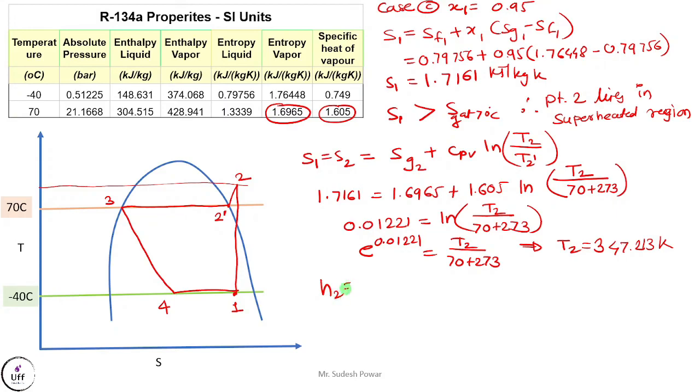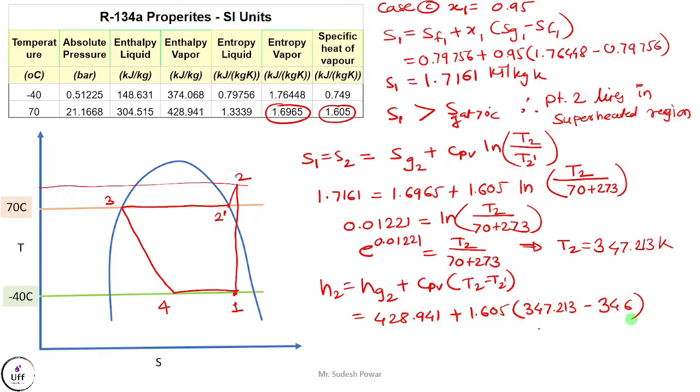So H2 we can find out as H2 is equal to Hg2 plus Cpv into (T2 minus T2 dash). Hg2 is the enthalpy of vapor at temperature 70 degrees centigrade. So enthalpy at point number 2 is 430.887 kilojoule per kg.